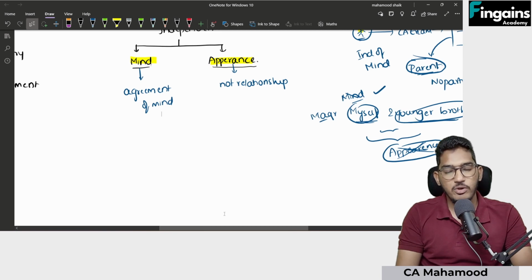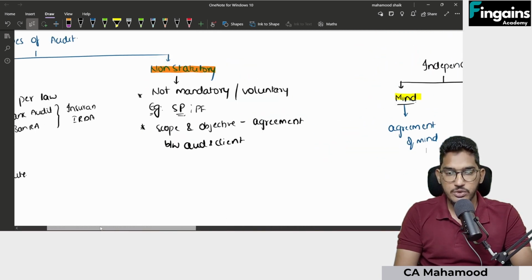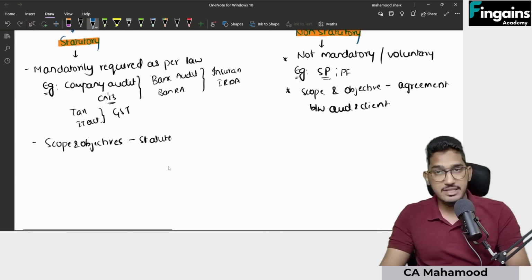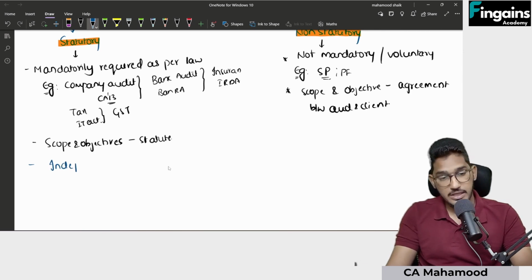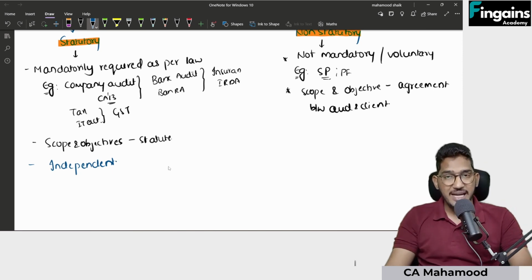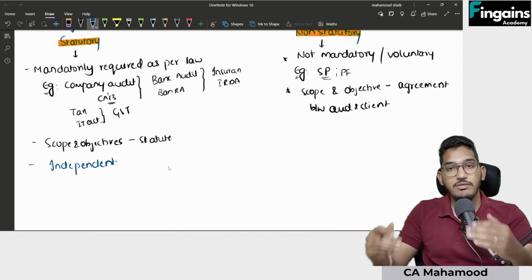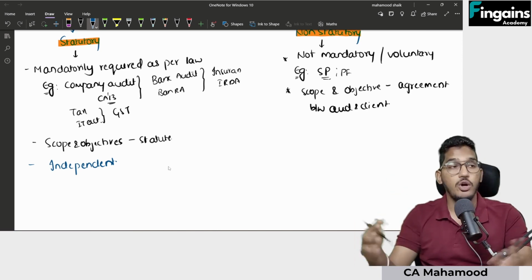Now, why did I tell you about independence of mind and independence of appearance? Because we are going to link it here. See, if it is a case of statutory audit, an audit required by the law, should the auditor be independent? Yes, the auditor should be independent. Will independence of mind alone be enough, or will independence of appearance also be required, or will only independence of appearance be enough, or are both required?